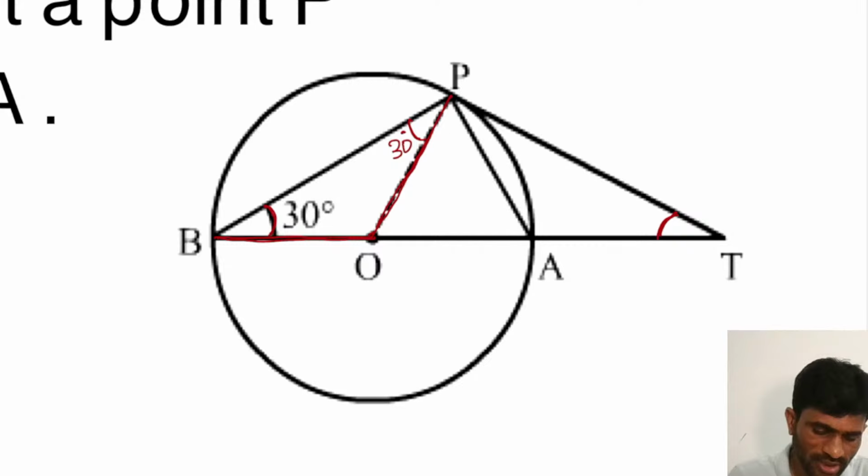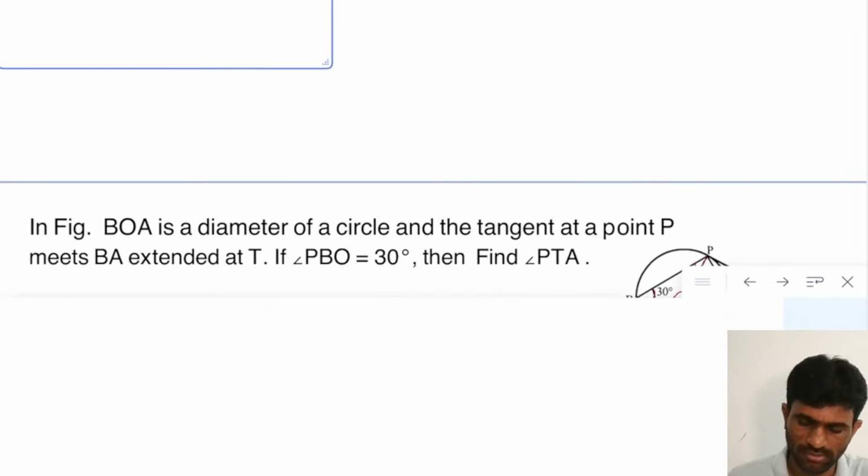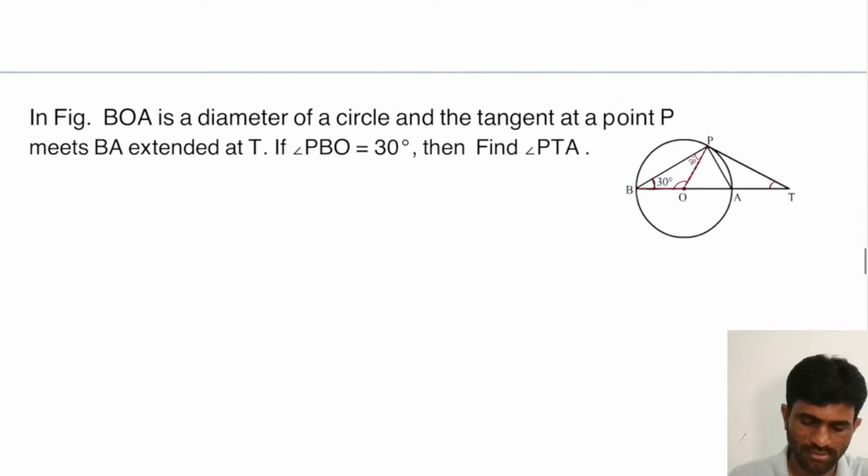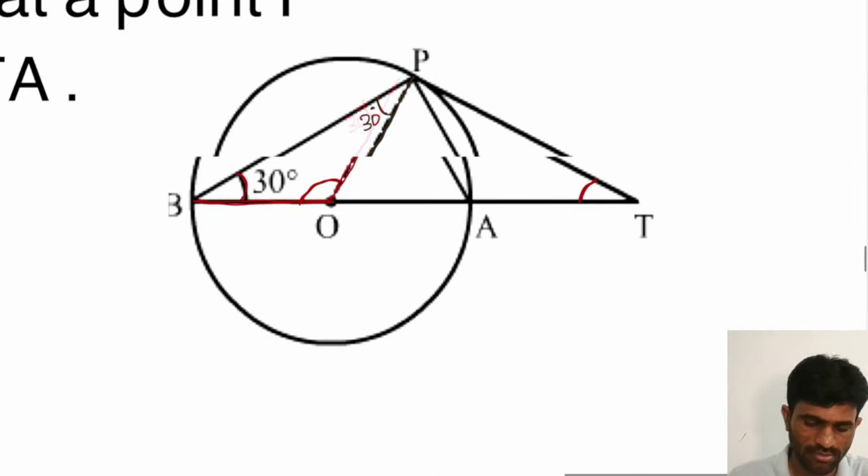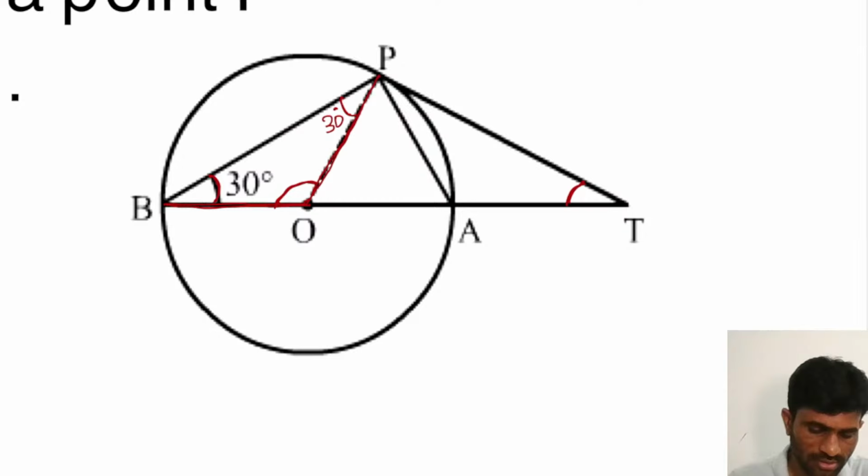So if these two are 30, 30, what is this angle? The sum of three angles should be 180. Then angle at O is 120 degrees. Hope you understood up to here.